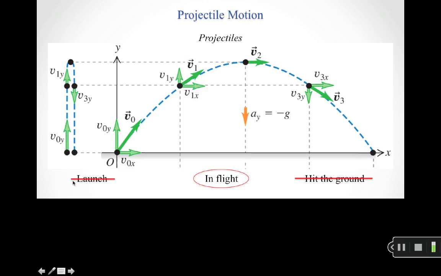So we're going to use the information we're given at the launch to tell us the initial instant when gravity starts to be the only thing that acts on the object. And we're going to care about the final instant as being the instant just before it comes into contact with whatever it's going to hit at the other side.